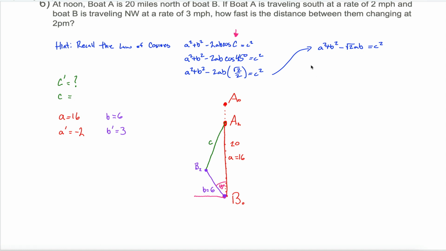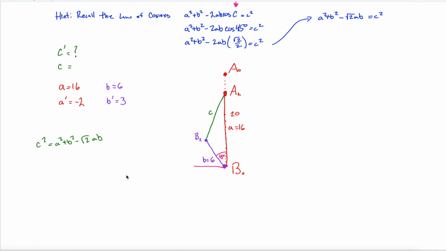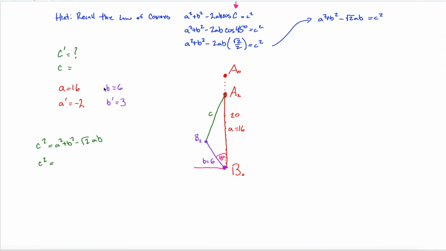The good news is we can figure out C from this equation by plugging in our values of A and B. C squared is equal to A squared plus B squared minus the square root of 2 times A times B. And since A is equal to 16 and B is equal to 6, I get 16 squared plus 6 squared minus the square root of 2 times 16 times 6.